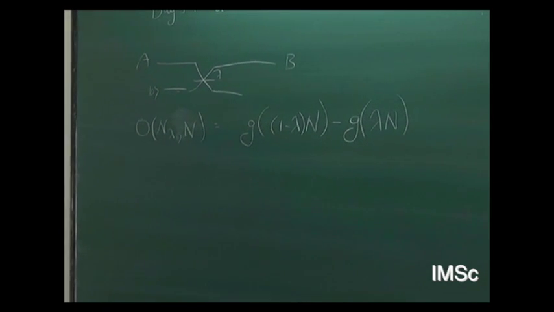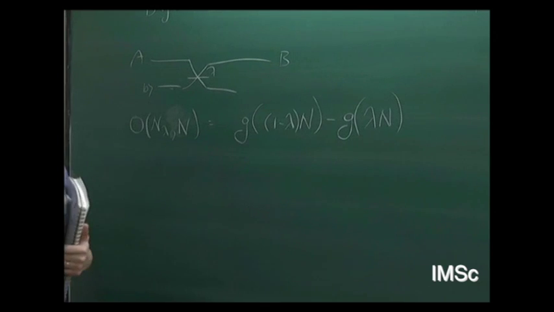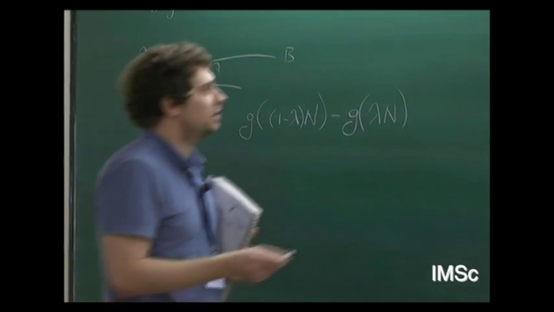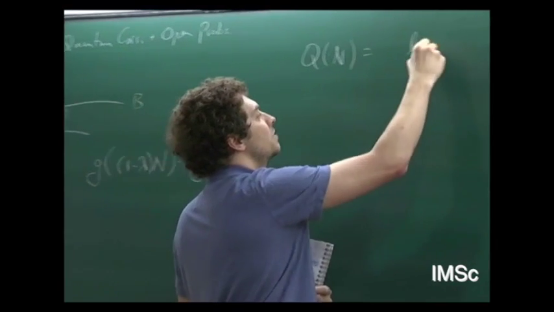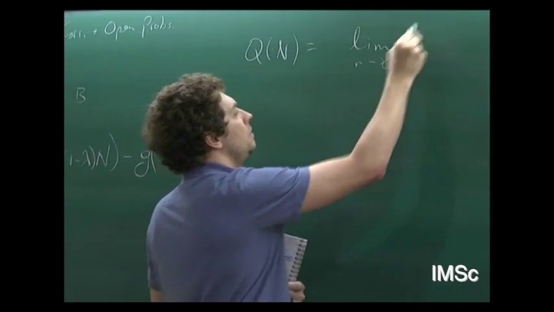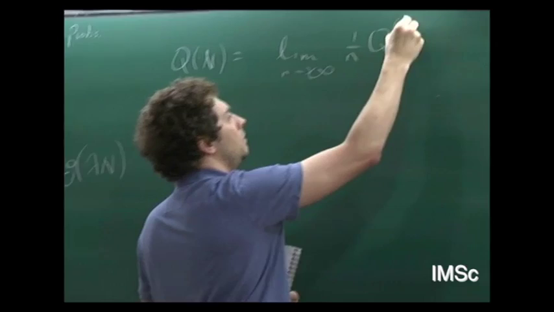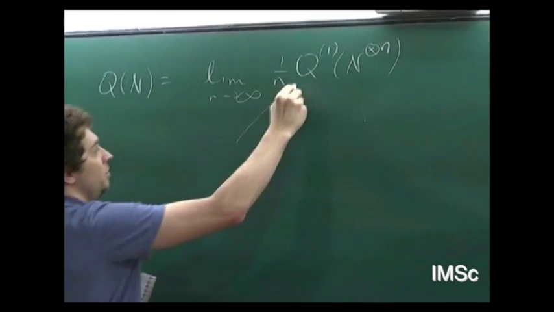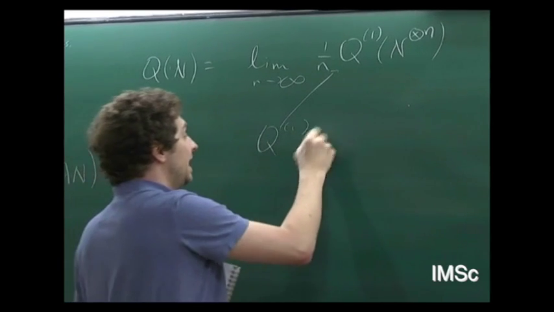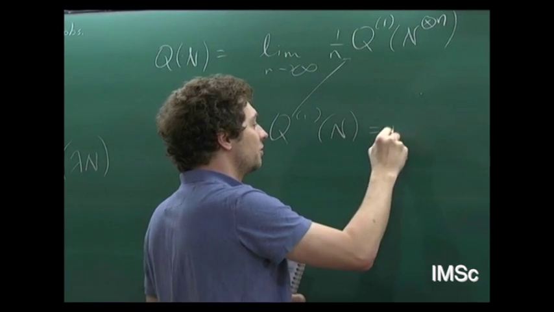Usually you can't actually compute the quantum capacity, because if you remember, there was this formula for the capacity in terms of this regularization, where this Q1 is just defined as the maximum coherent information that you can generate.